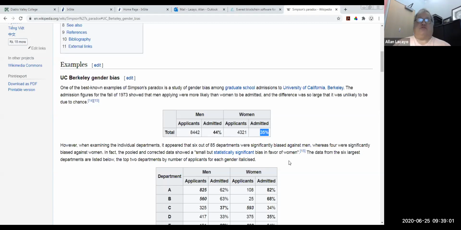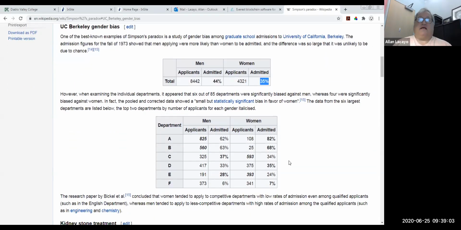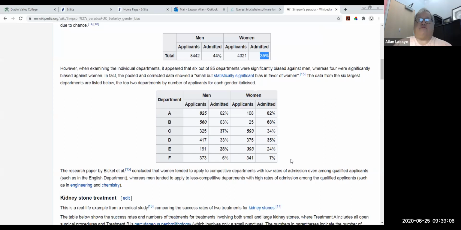As the lawsuit progressed, the university's argument was that graduate admissions are not just one process, but rather a department by department process. So the Department of Civil Engineering will be doing admissions for masters and PhDs in civil engineering. The Department of English Literature will be doing graduate admissions for English literature.